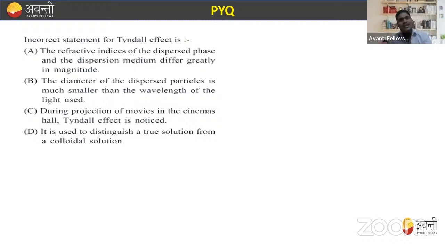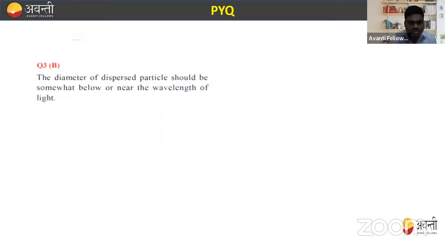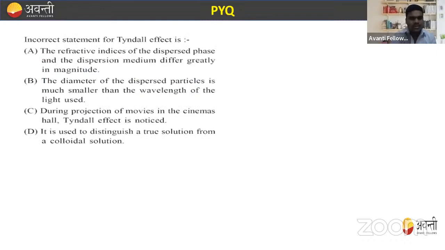Yes, because in a true solution the scattering of light does not take place, but in a colloidal solution the light gets scattered. So these last two statements are absolutely correct. A, C, and D are all correct. Only one incorrect statement, that is B: the diameter of the dispersed particle is much smaller than the wavelength of the light.